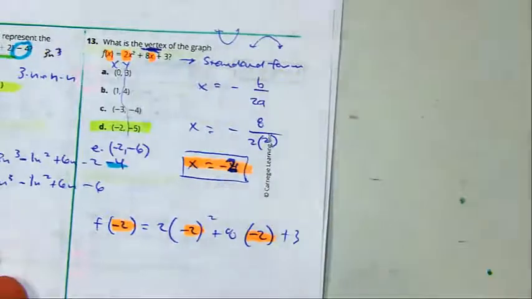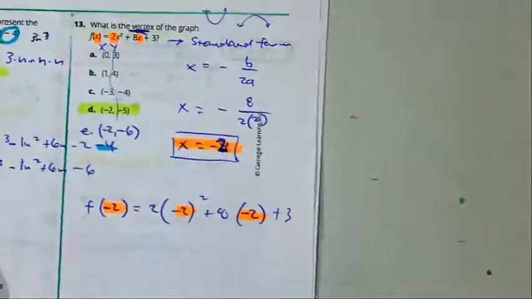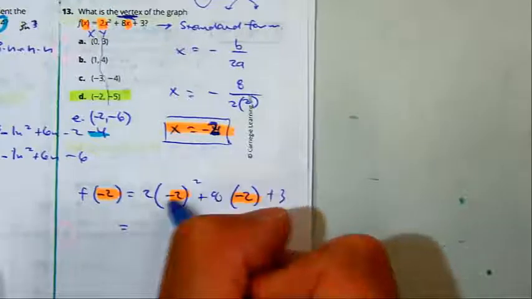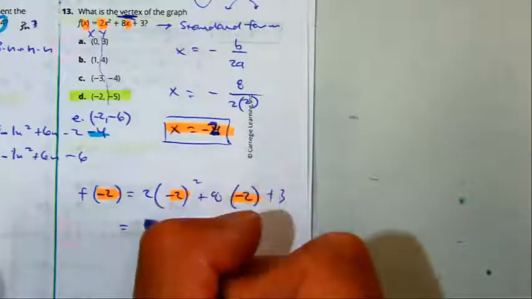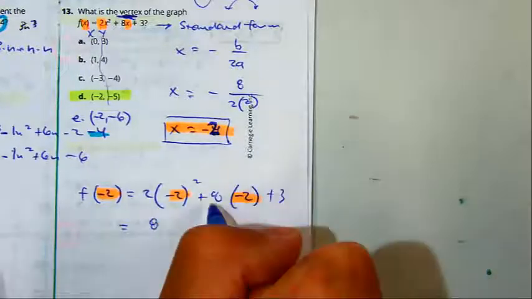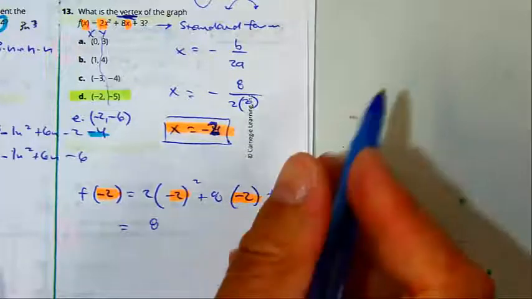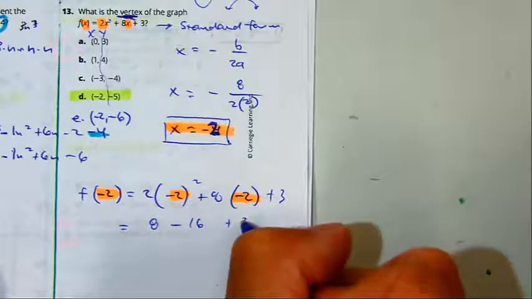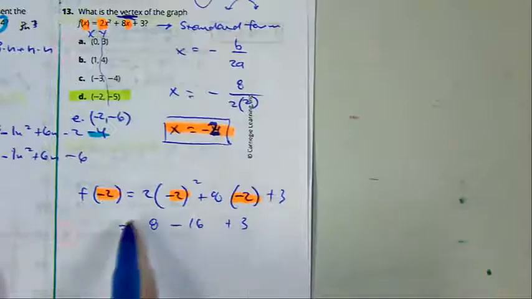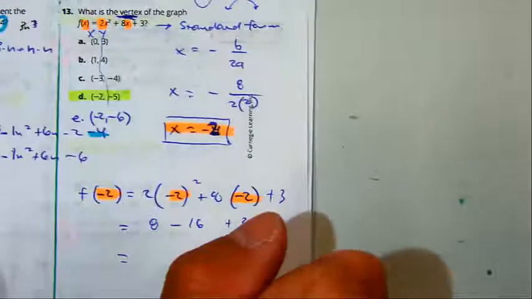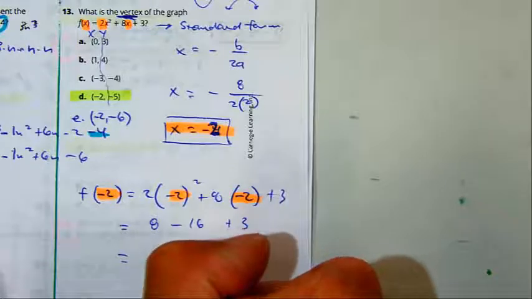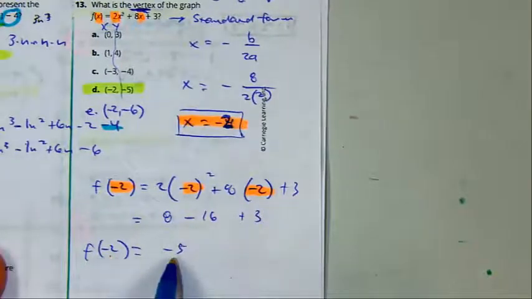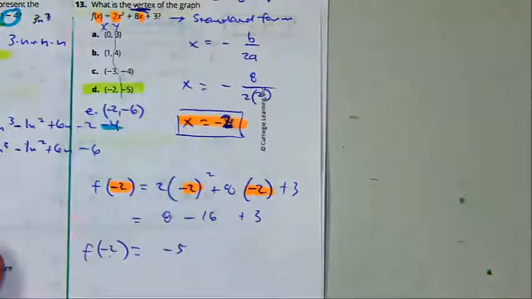I'm just going to use PEMDAS, so -2 squared is 4. 4 times 2 is 8. 8 times -2 is -16. Remember, it's not 8 minus 2, and plus 3. -8 plus 3 is -5. So the ordered pair is -2, -5, which is choice D.